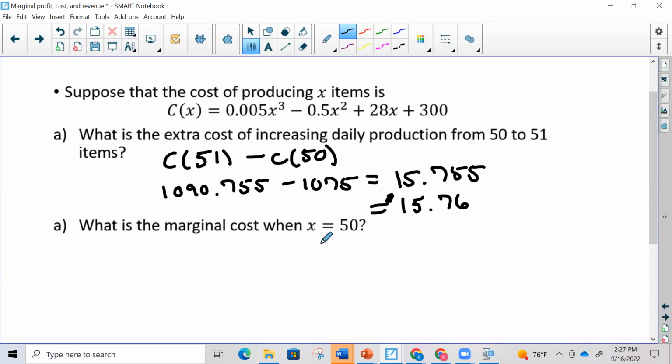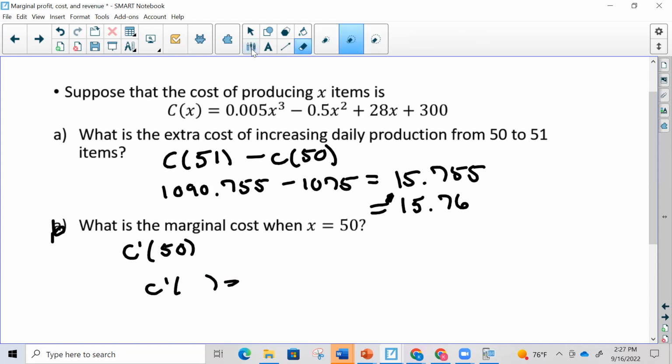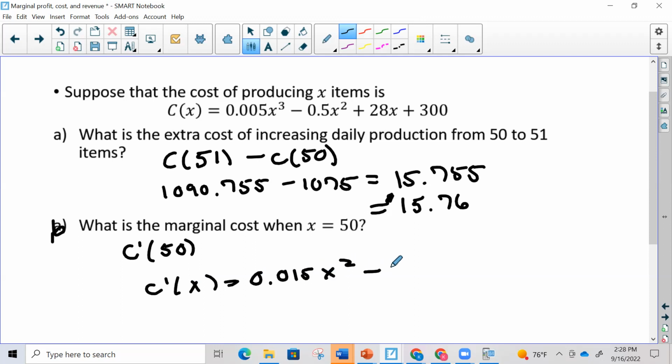And then it says, what is the marginal cost when x equals 50? So that would be C prime of 50. Again, we always first have to find C prime of x. The marginal cost always means the derivative. So we will take the derivative of this. So we get 0.005 times 3, which is 0.015 x squared minus 1 x plus 28, and the derivative of 300 is 0.